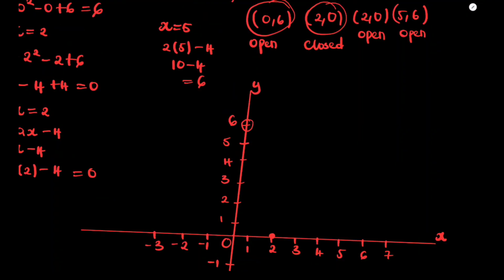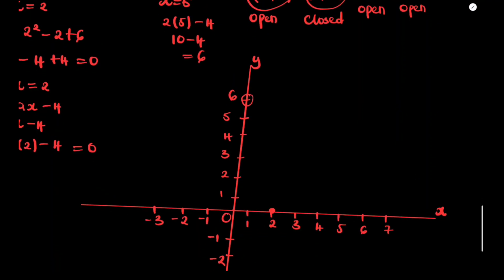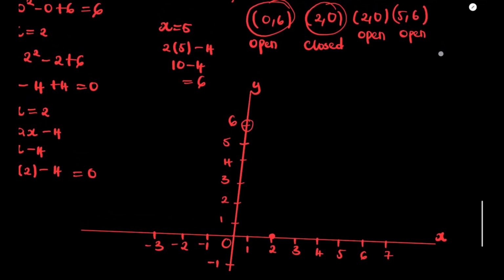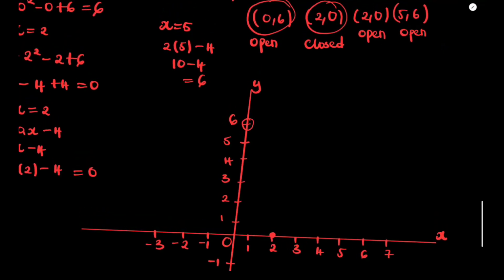Let's go to the third coordinate. Here we have x is 2 and y is 0, but that one is open. The next one is open, so we will have a circle and a dot.